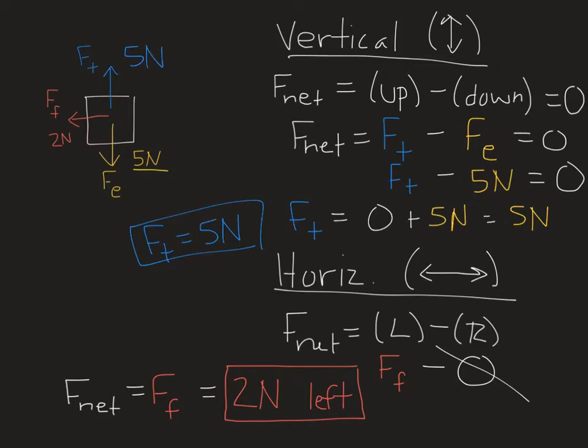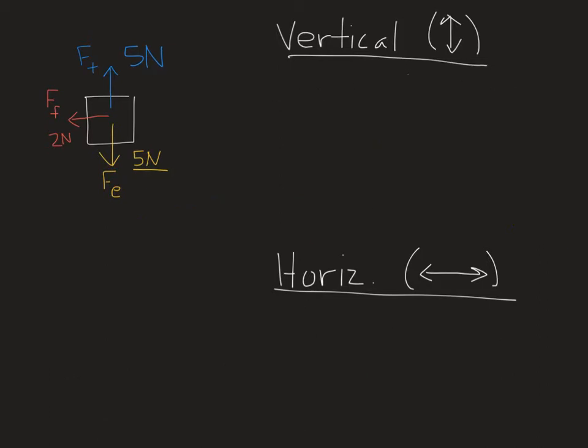And why do we know that? Because the cart is not moving up or down. It's only moving left and right. So net force in the up-down is 0, which means Ft is equal to Fe. They balance out. So let's summarize what we found out. We have two different things going on here.